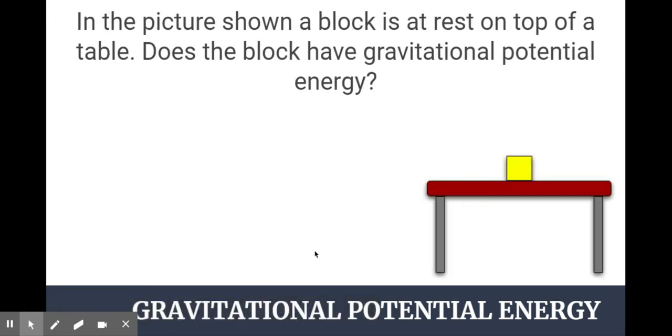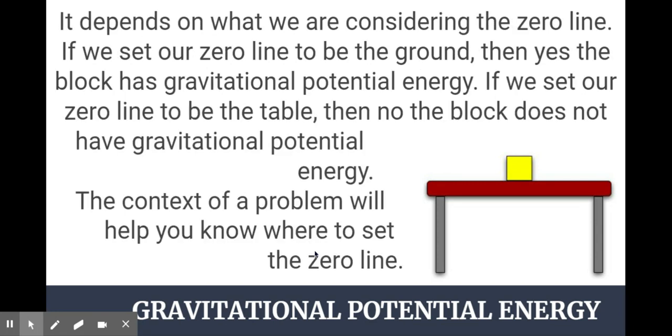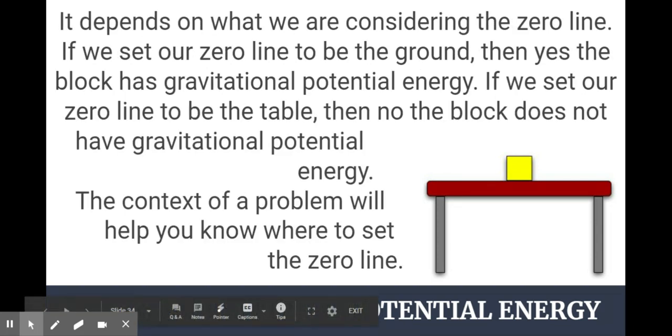So take a look at this picture. In the picture shown, we have a block that is at rest on top of a table. Here's my question. Does the block have gravitational potential energy? Well, yes and no. It depends on what we consider our zero line. If we say that our zero line is at the ground, then yes, the block has height above the ground.